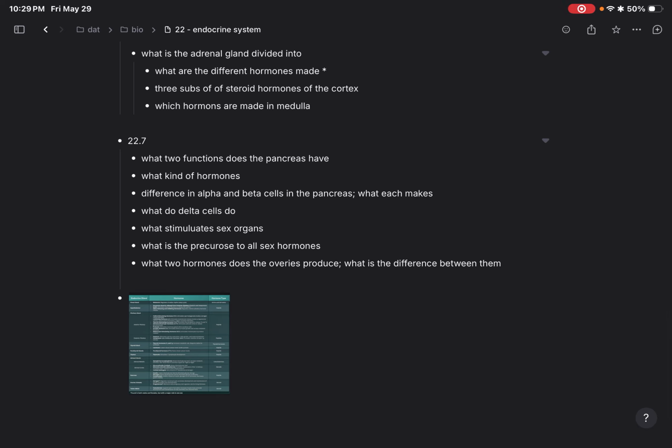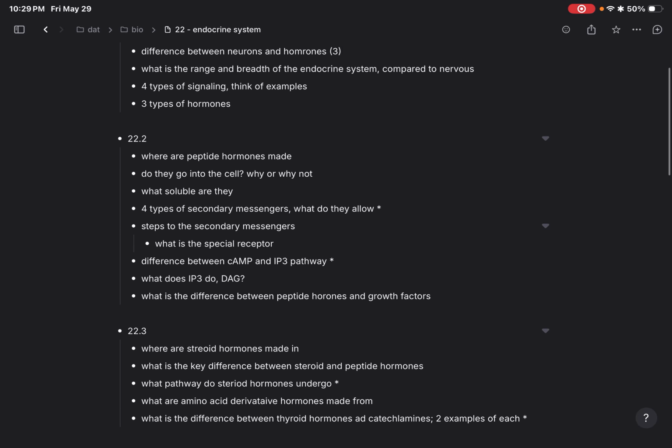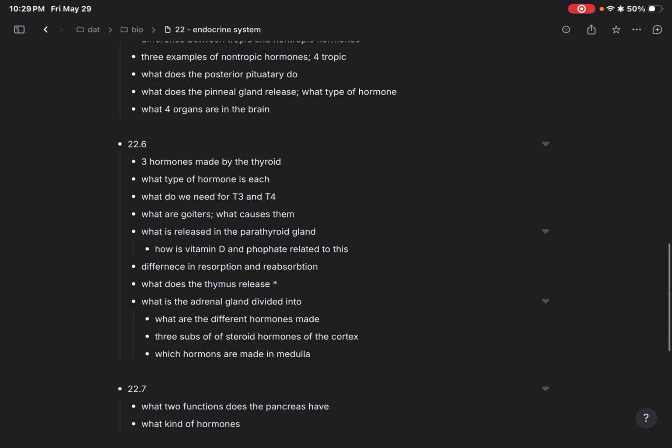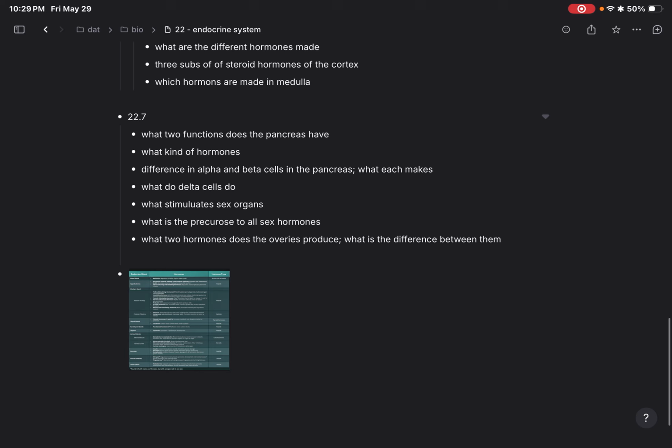What do delta cells do? They release somatostatin. Remember back when we were talking about the hypothalamus? Well, this thing releases somatostatin as well, but in this case, it's inhibiting the release of insulin and glucagon. When compared to the hypothalamus, it was inhibiting the release of TSH and prolactin, I think.